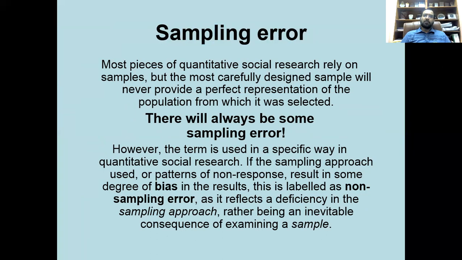So most pieces of quantitative social research rely on samples, but the most carefully designed sample will never provide a perfect representation of the population from which it was selected. We rely on samples because otherwise we cannot move on to have a research. Let's suppose we want to see how vaccination impacts the immune system of humans.